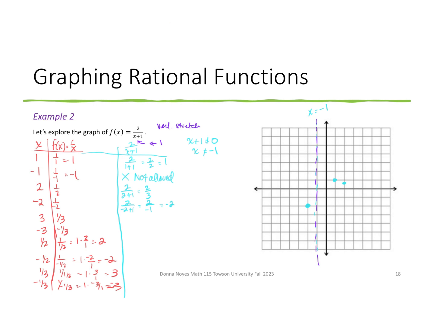Let's see here. 3. 2 over 3 plus 1 is going to give us 2 over 4, or 1/2. So we have 3 and 1/2. Negative 3, however, is going to give us 2 over negative 3 plus 1, which is going to give us 2 over negative 2, or negative 1. So we get negative 3, negative 1.